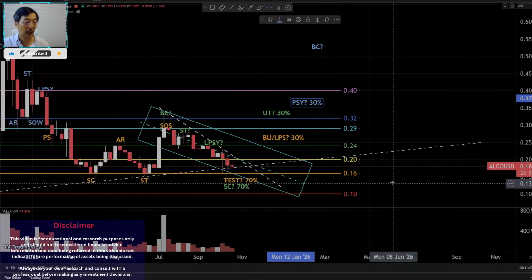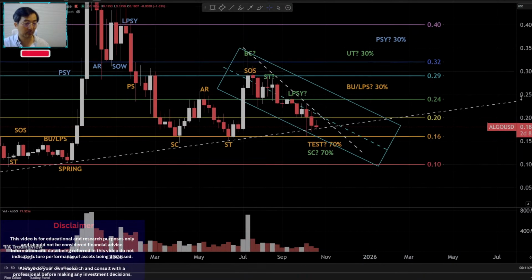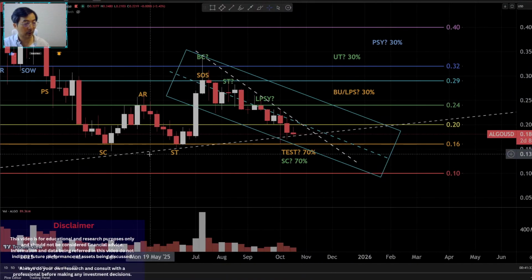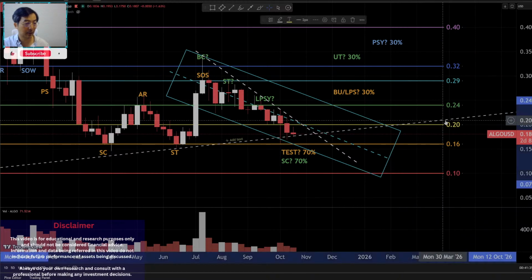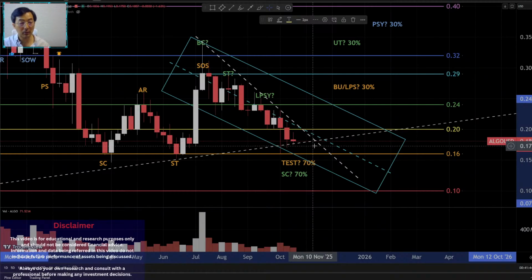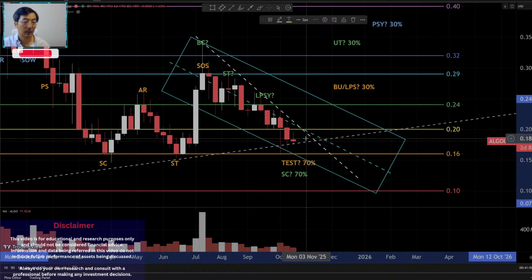Okay, and for the breakout indication, we talk about this white dash line coming down and this trend line that we just talked about. The timing that they indicate is somewhere near the middle of November, so roughly about 2 to 2.5 weeks from now, and that's where a potential breakout will happen.